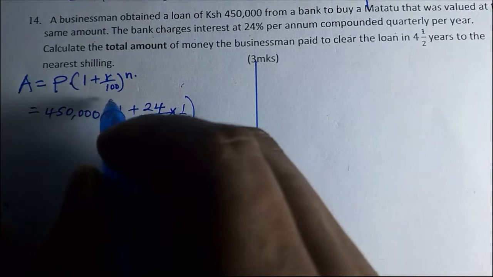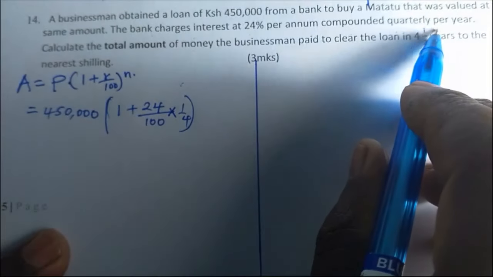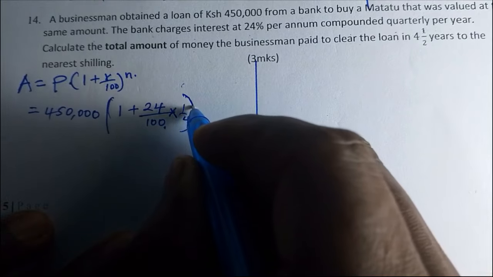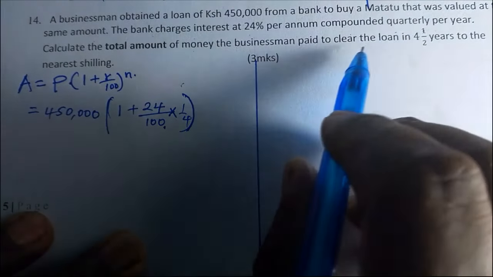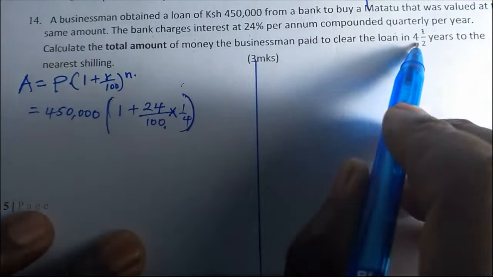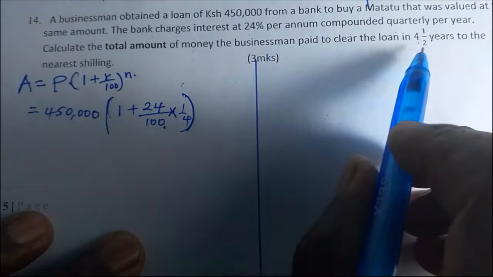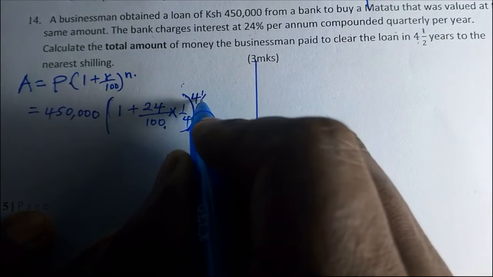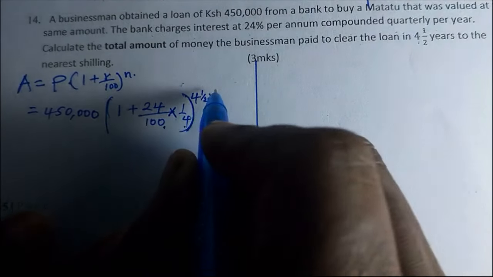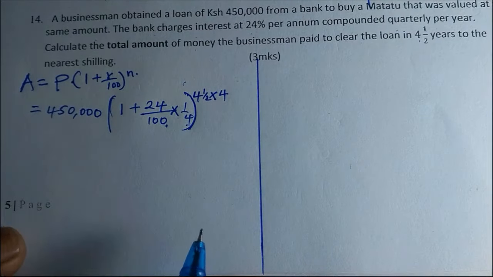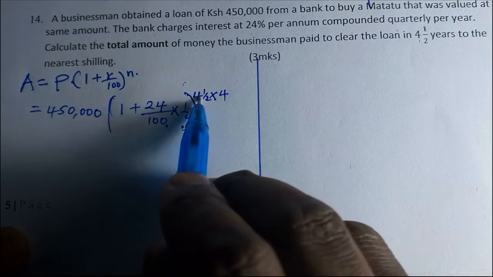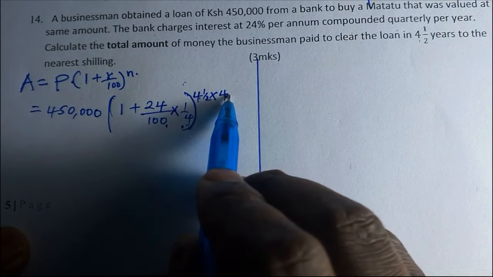Compounded quarterly, you divide by 4. Then our n is 4.5, so it is 4.5 times this quarter. So you divide the inside by 4, and for n you multiply the n by 4.